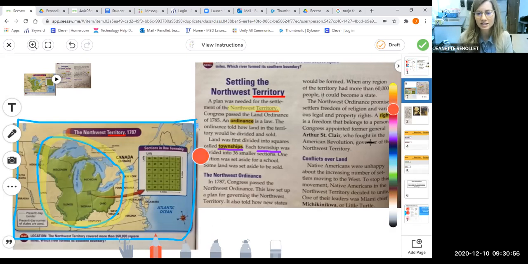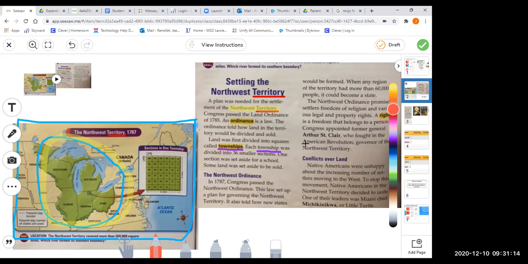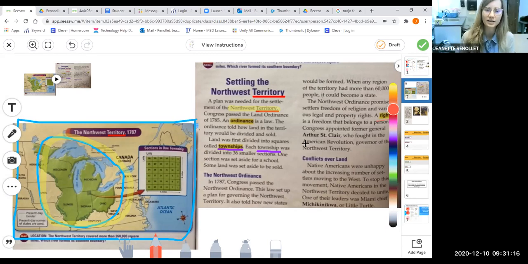A right is something that belongs to a person, a freedom that everybody should have. So when they started moving west and getting more land, they had to have these talks. They had to talk about, well, who's in charge? And what rights do we have? And who gets this land and who gets that land?